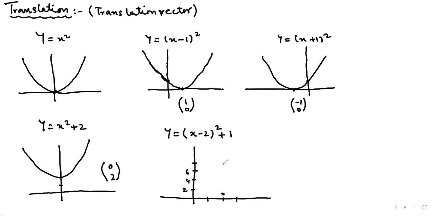Yes, x is equal to 2. Now, the y coordinate of this one, as you have already mentioned, is 0, 5. Now, this one is the new curve after the translation.